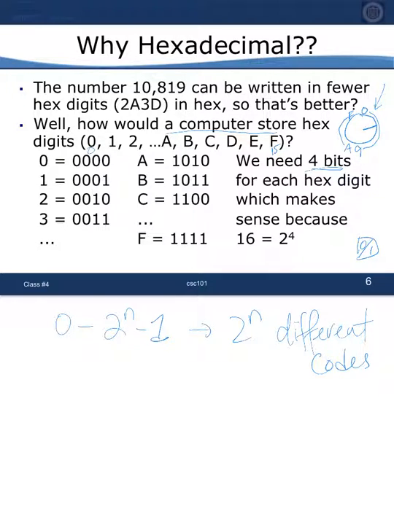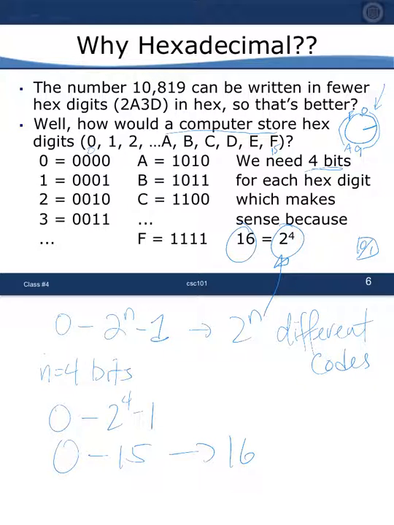I need 0 through 9 and A through F. That's 16 different codes. So in order to get 16 codes, I better use 4 bits, right? Because 2 to the 4 is 16. And that should enable me to do all the numbers, right? So if I use 4 bits, I should be able to do 0 through 2 to the 4th minus 1, which is 15. And that should be 16 codes.